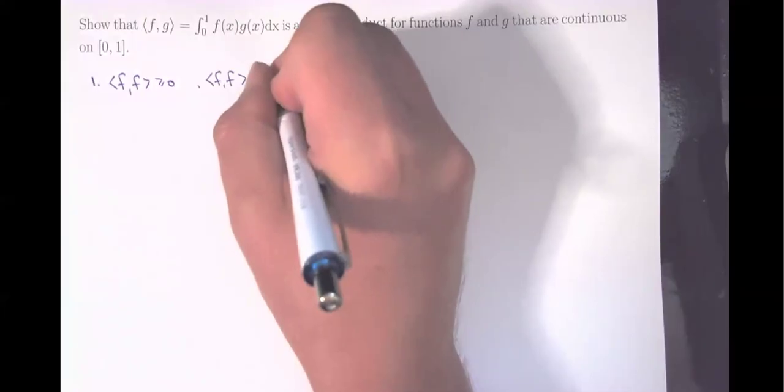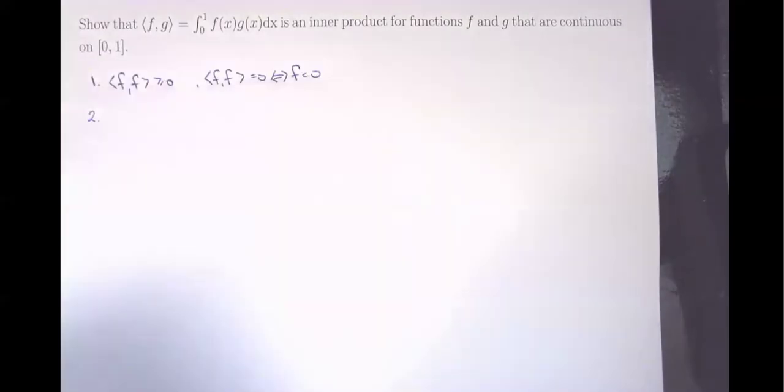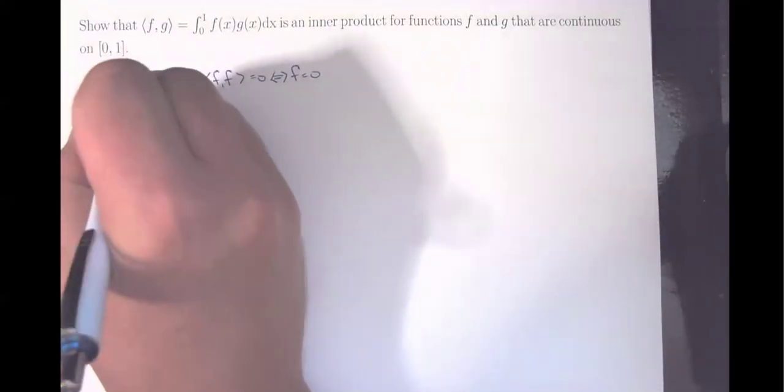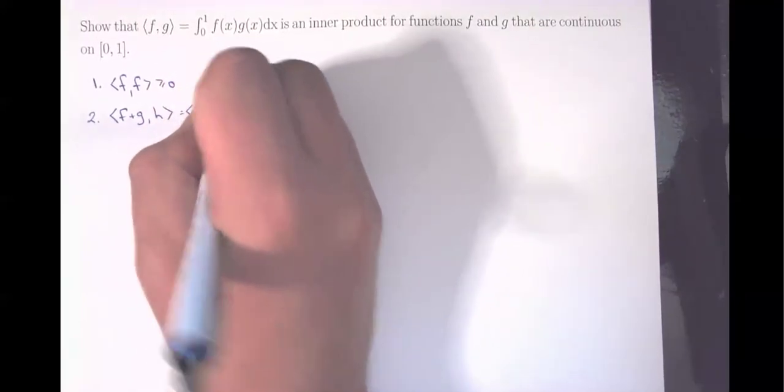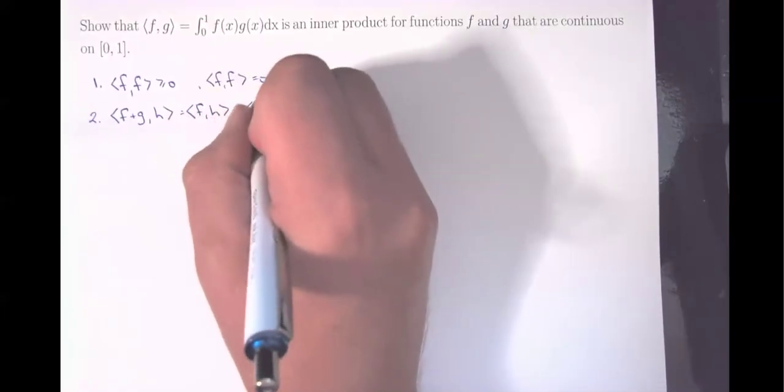The first one, that the inner product of f and f is greater than or equal to 0, and that the inner product of f and f equals 0 only when f is 0. Second property we want to show, that the inner product of f plus g with h is equal to the inner product of f and h plus the inner product of g and h.